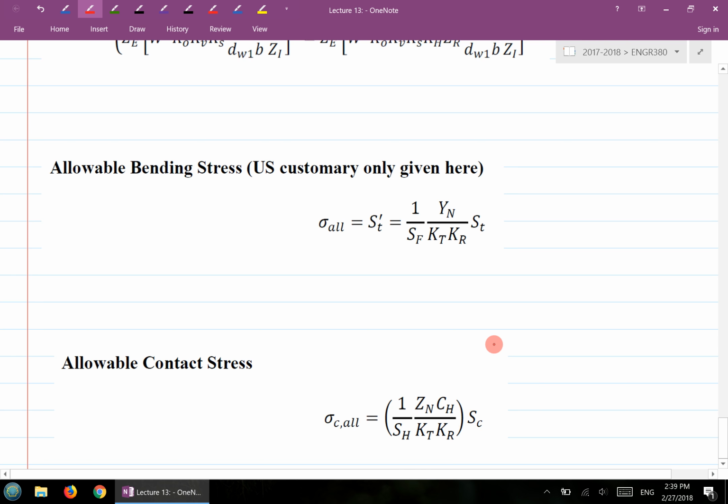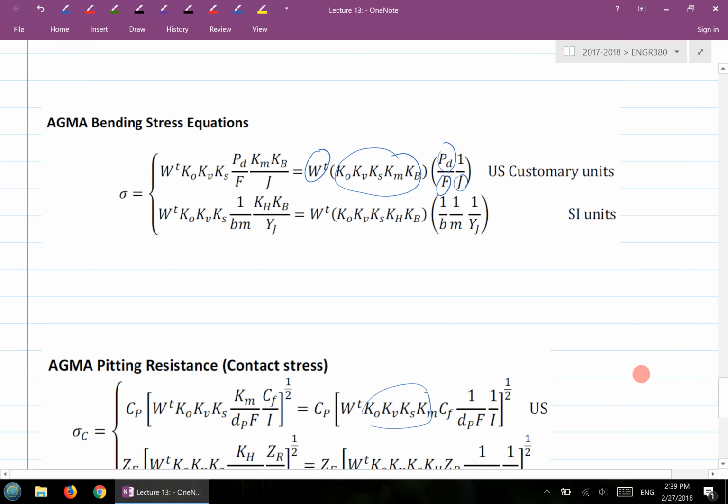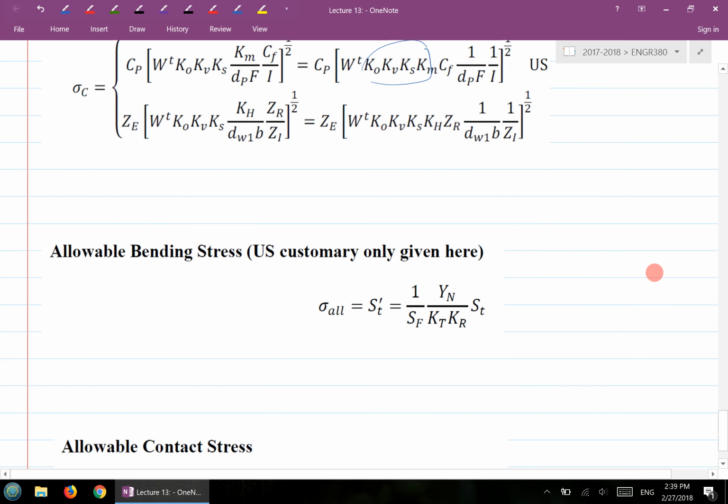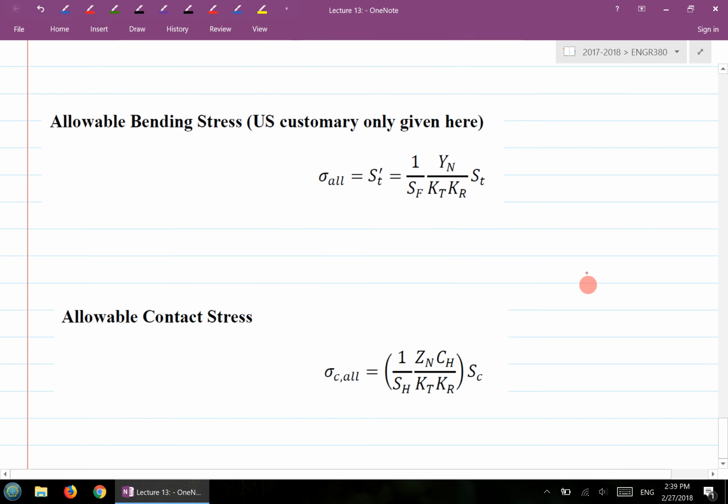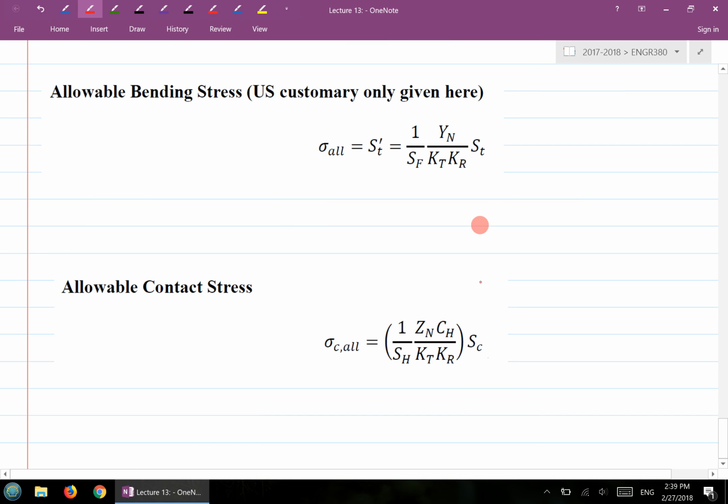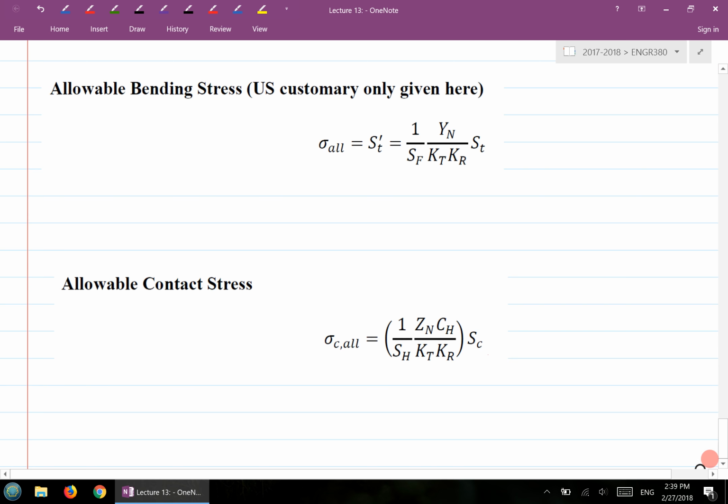For design, as we always do, the simplest approach is to compare stress with strength. So you come up with two stresses, one bending stress and one contact stress, and we will compare them with the strength. These are the so-called allowable stresses. If the actual stress is lower than the allowable one, then you're safe; otherwise it's not safe.